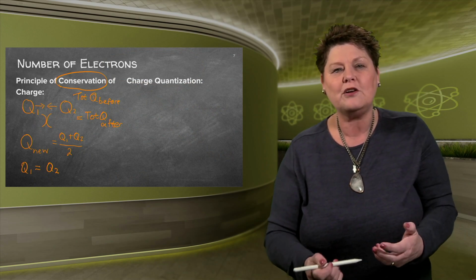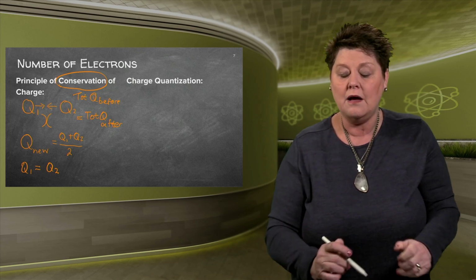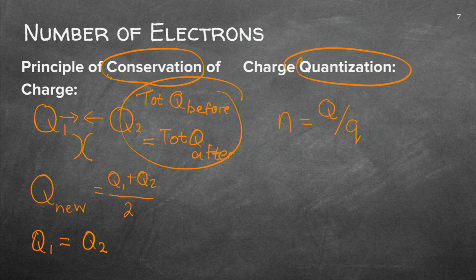You'll be conserving energy and momentum, all of those concepts later. But in this case, it's the conservation of charges. And then there's another equation on your information sheet. I hope you have recollection of this equation. This says I can quantify how many electrons, this is the number of electrons that's been transferred.